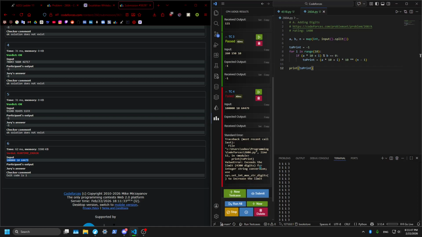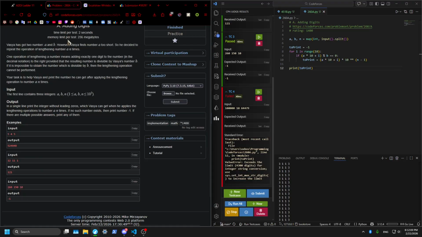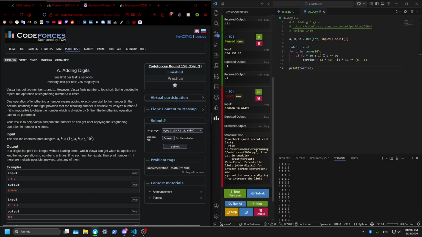What is this? I never got this error before. What does it say? System set... Integer string conversion.